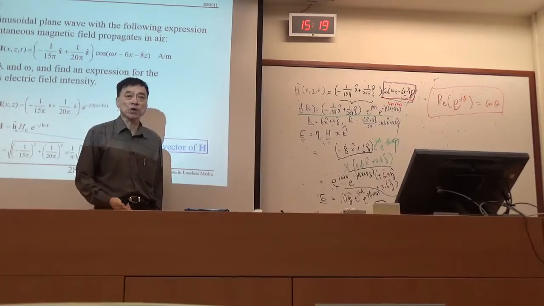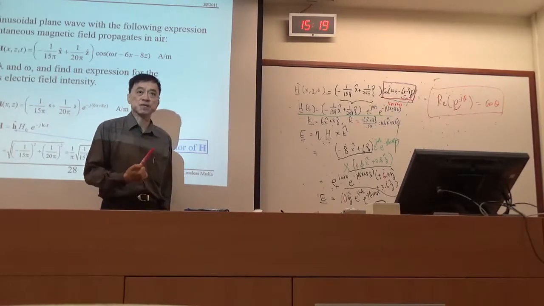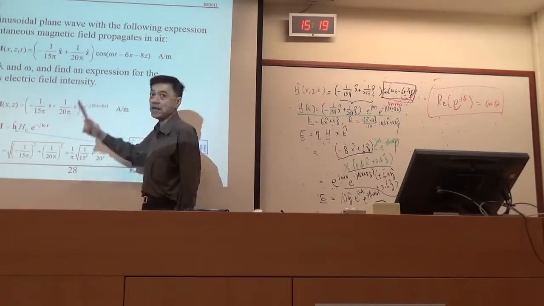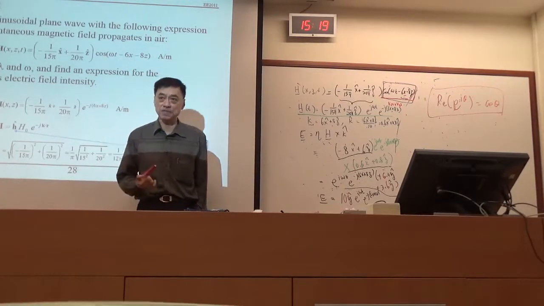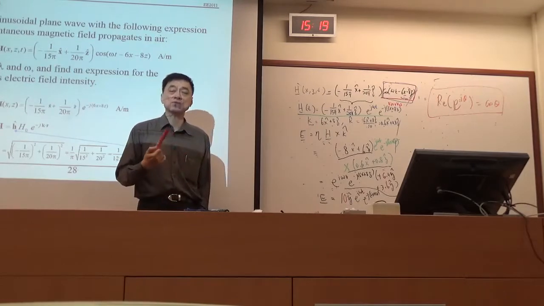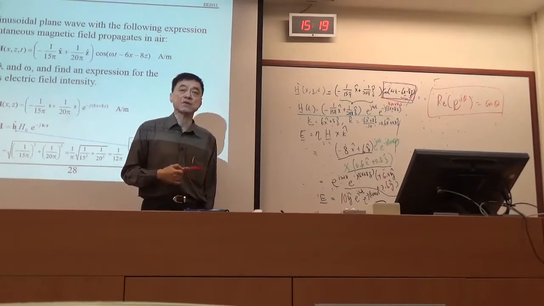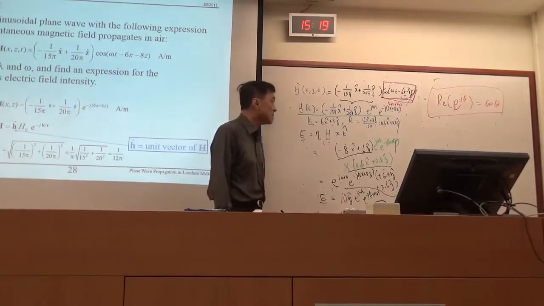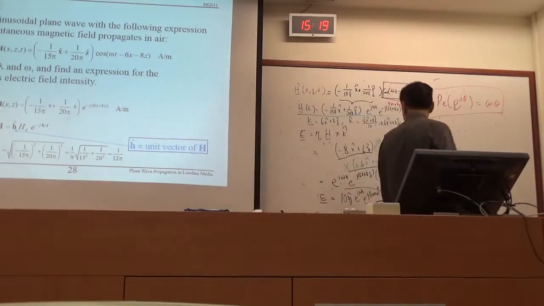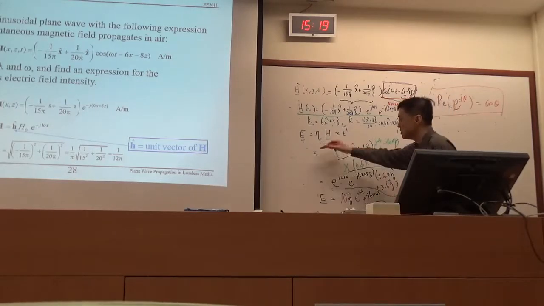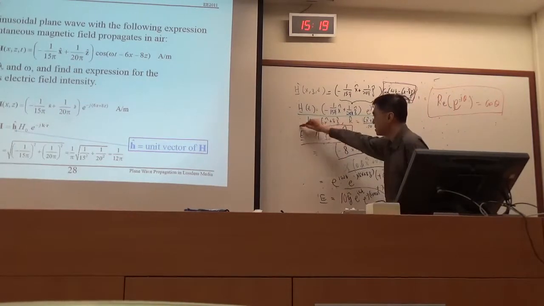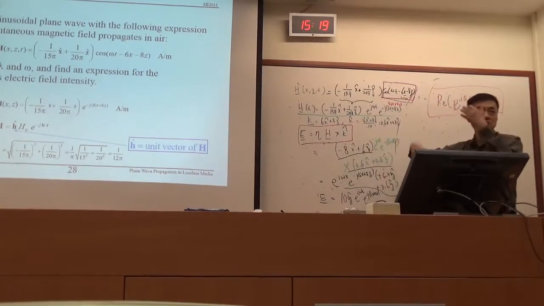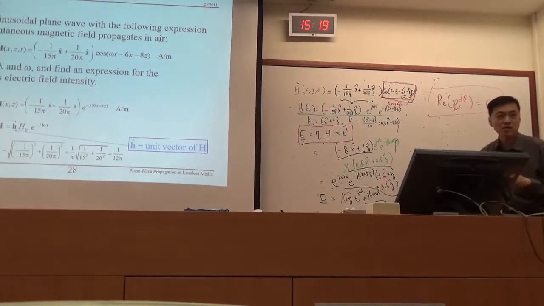Then what is omega? K is equal to omega times the square root of mu epsilon. Since this is free space, mu equals mu naught, epsilon equals epsilon naught. So 10 is equal to omega times the square root of mu naught epsilon naught, and omega can be found. Then the next thing is to find E. To find E, we go back to the equations, which is much easier.